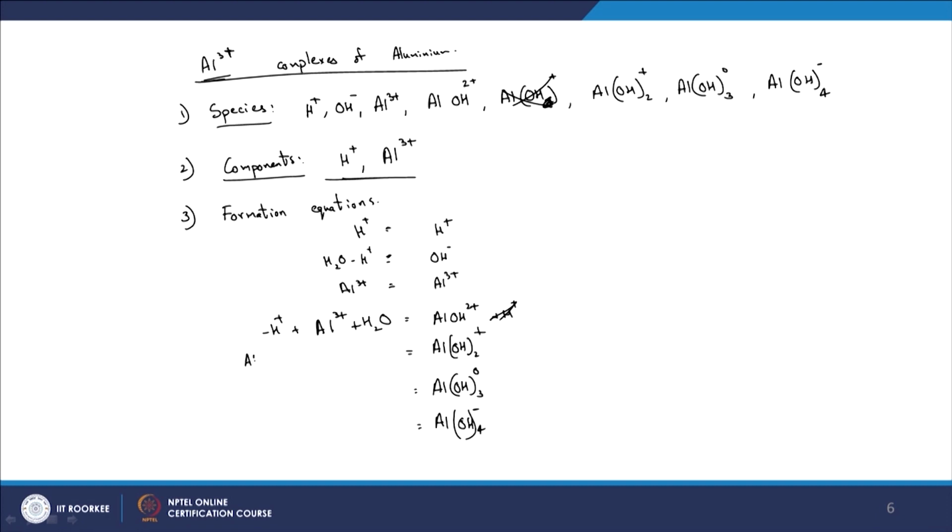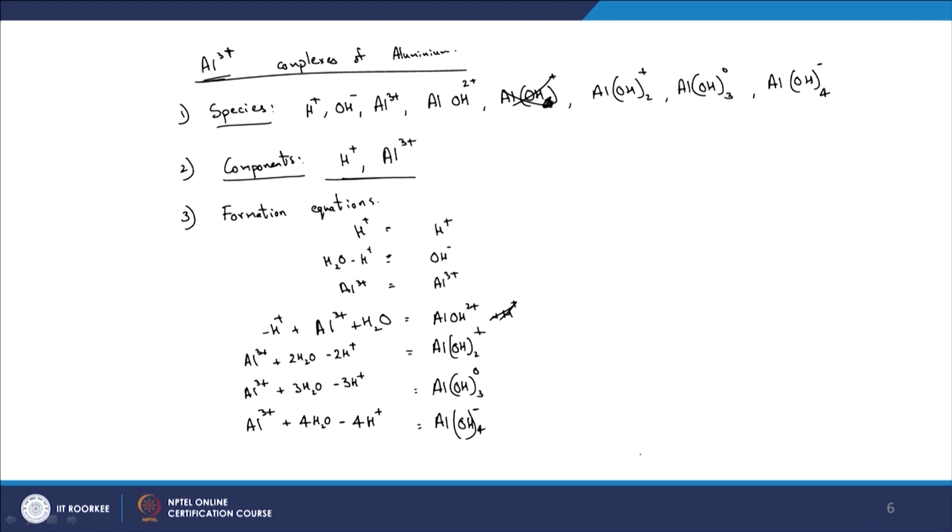Same case: Al3+ plus 2H2O minus 2H+, and for the next one, Al3+ plus 3H2O minus 3H+, and again Al3+ plus 4H2O minus 4H+.